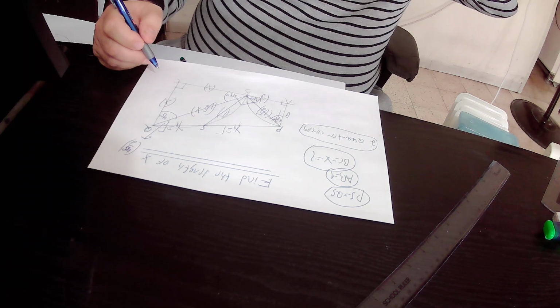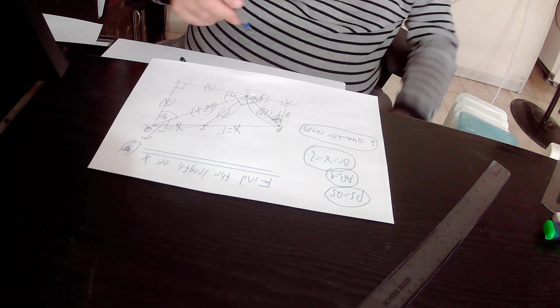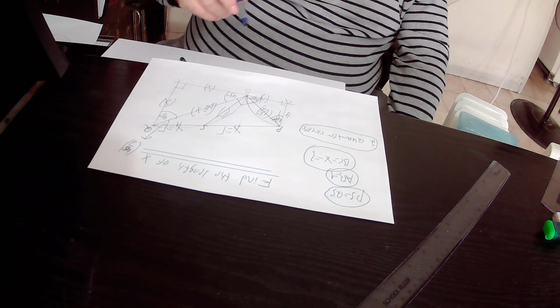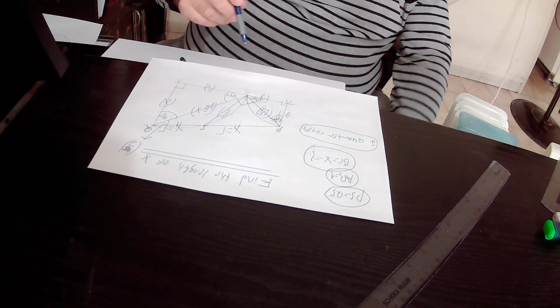In the next step, I will copy the right triangle PBQ onto a new page, and we will analyze this right triangle, triangle PBQ.